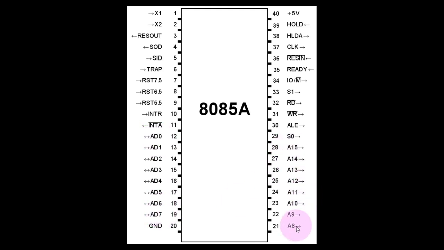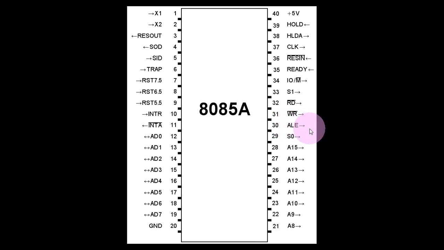Because on A8 to A15, address will always be available, but on AD0 to AD7, at what time is address available and at what time is data available?